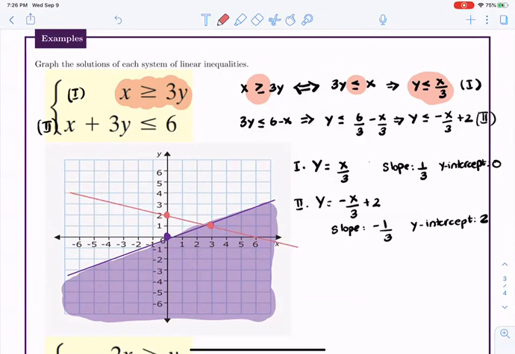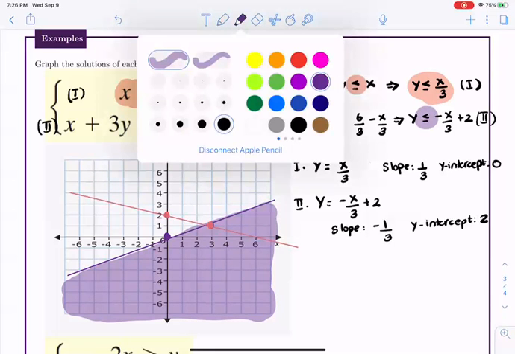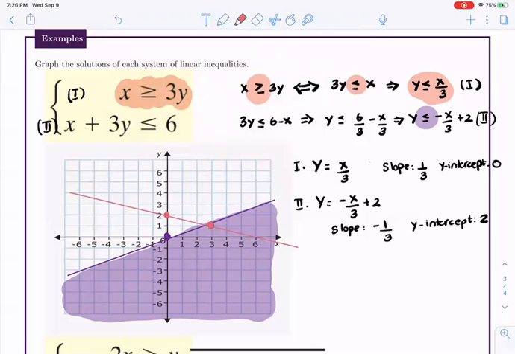Okay, and the second line, we didn't flip signs at all. We just kept it as is. And the inequality is clearly less than or equal to, just right over there. So I can simply shade everything below.